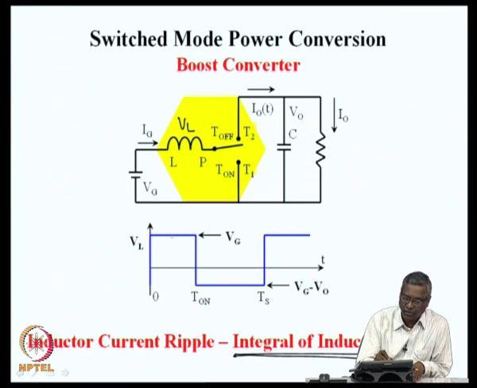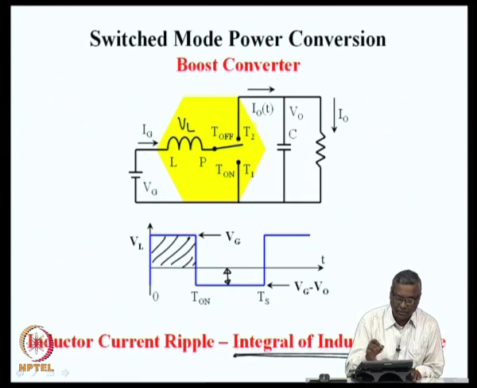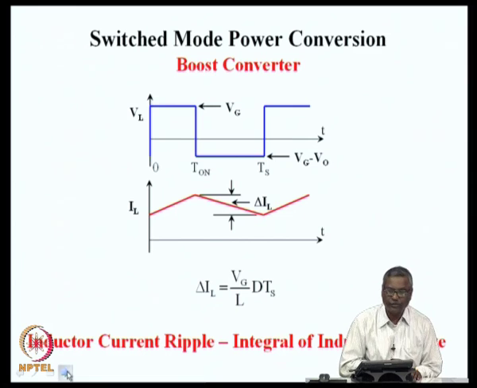When the switch is on, the voltage across the inductor is the same as Vg during the on time, and when the switch is connected to the off pole, the voltage across the inductor is negative, and it is Vg minus V naught with a negative sign. Integrating this will give us the required inductor current.